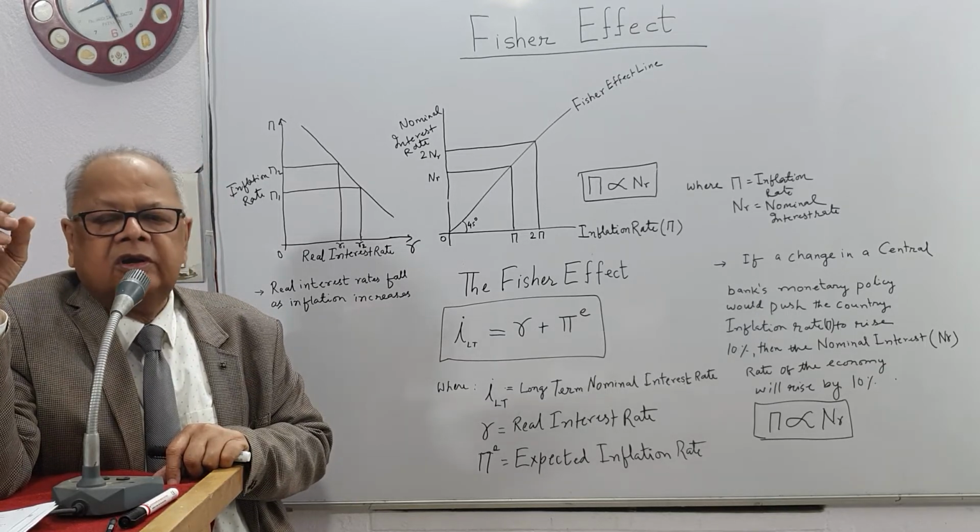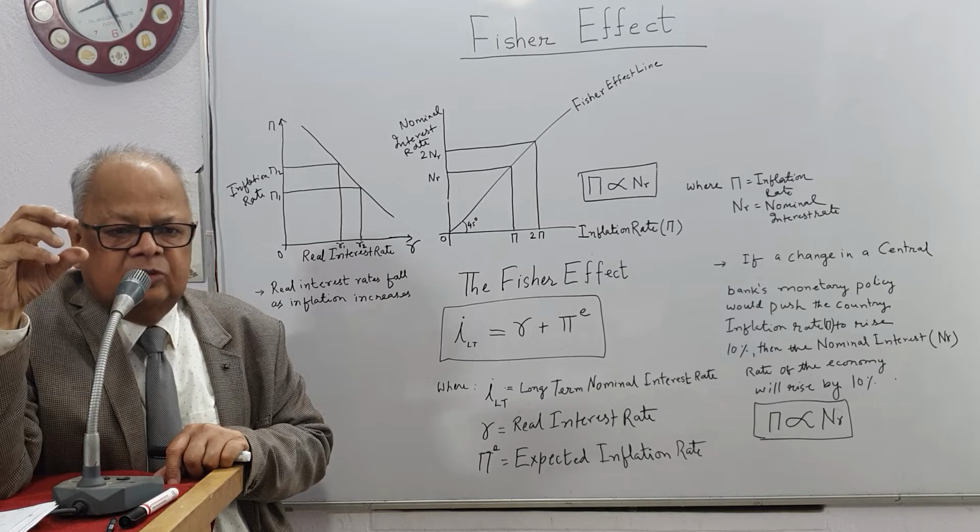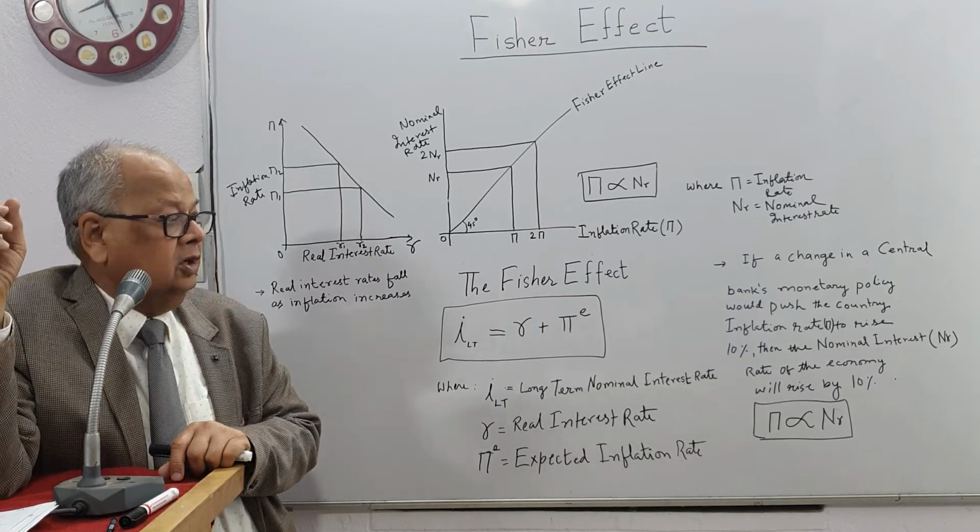Pi stands here for inflation rate and a small e stands for expected.